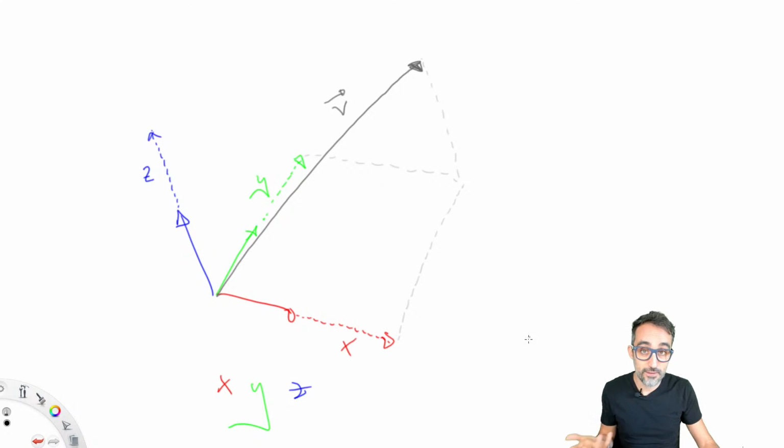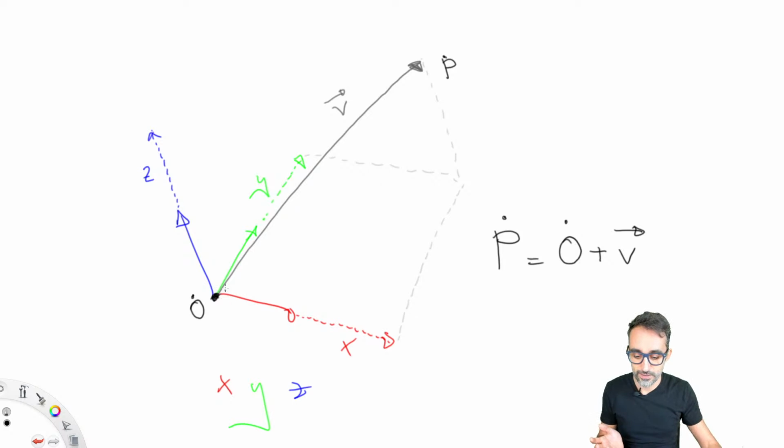And then after that, it's very easy. In order to find the coordinates of point P, the only thing we need to do is take the coordinates of the point O, the origin of this reference system, and add the vector that we have found in three-dimensional space with this coordinate system.